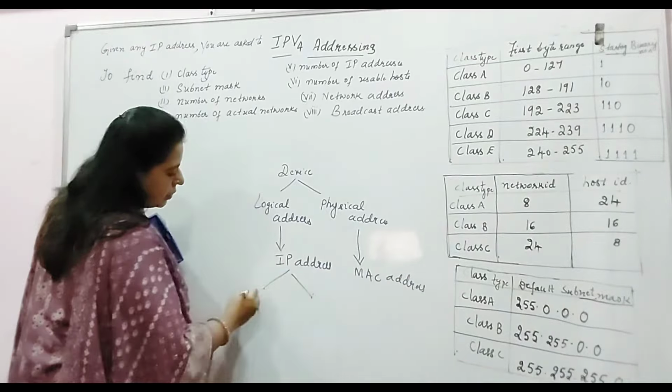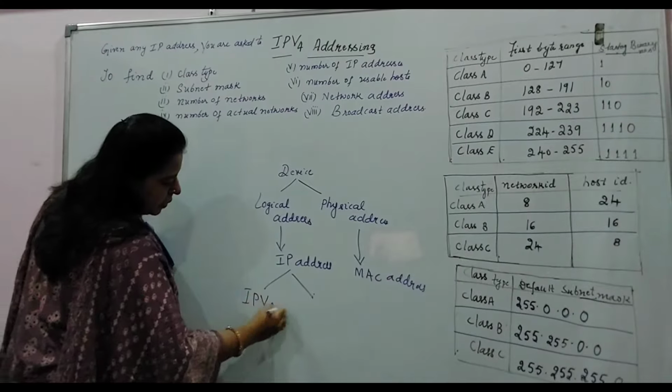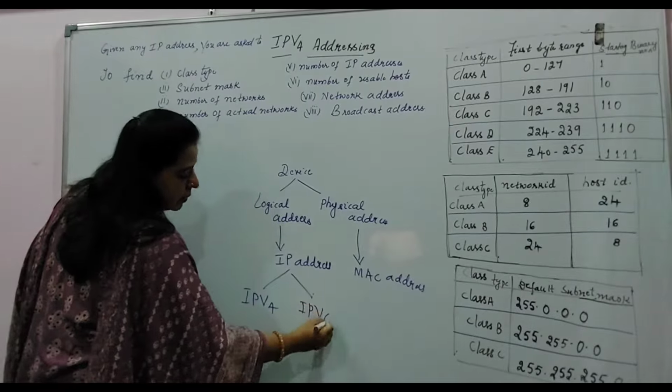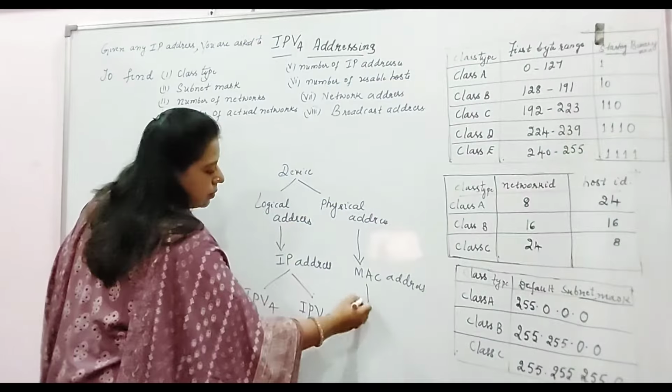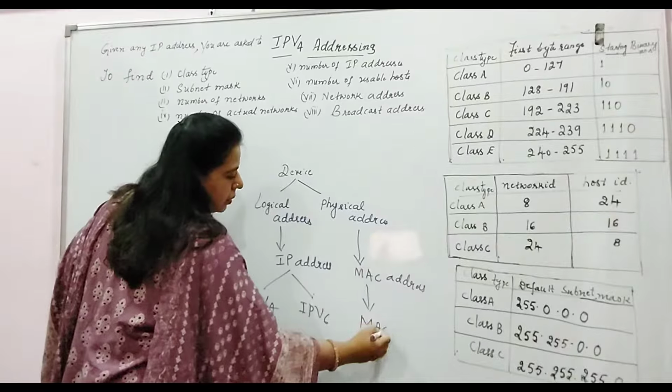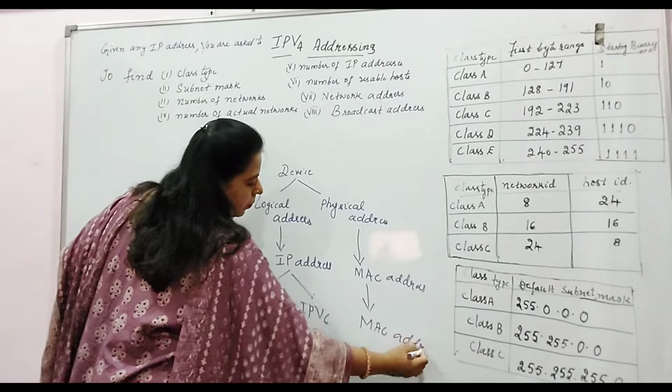In IP address, you have IPv4, that is version 4, and version 6. Here it is only one type, a MAC address.